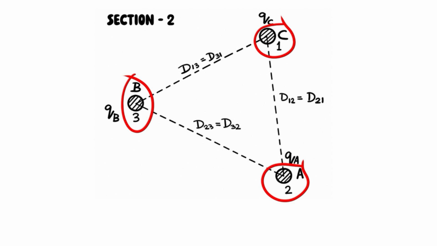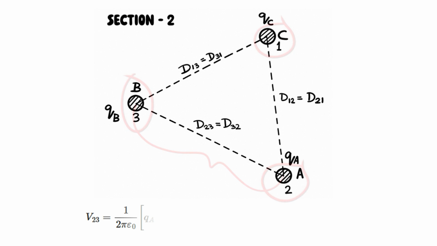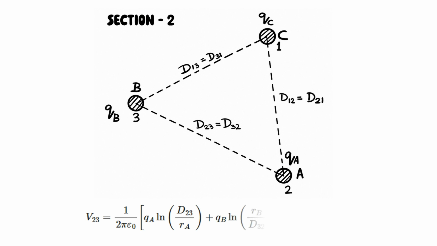Therefore, the voltage difference appearing across conductors A and B, that is, between positions 2 and 3, will be V_23, and it is equal to 1 divided by 2 pi epsilon 0 multiplied by within brackets Q_A multiplied by the natural logarithm of D_23 divided by R_A plus Q_B multiplied by the natural logarithm of R_B divided by D_32 plus Q_C multiplied by the natural logarithm of D_13 divided by D_12.